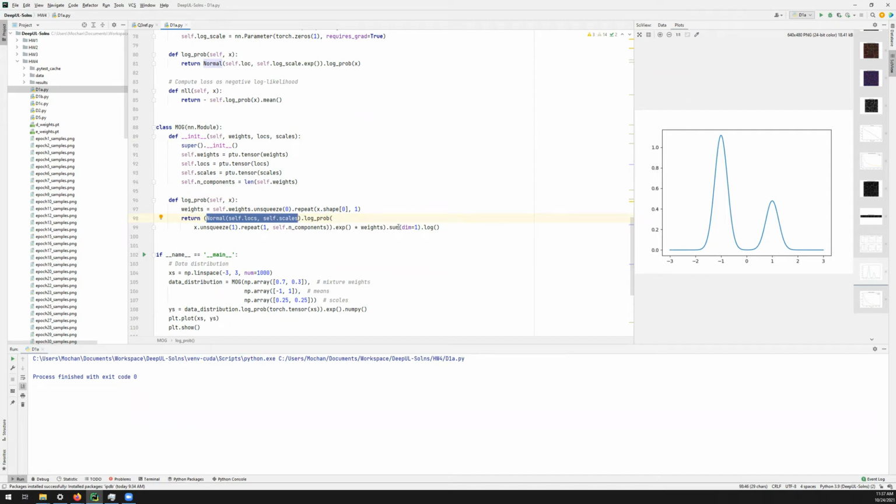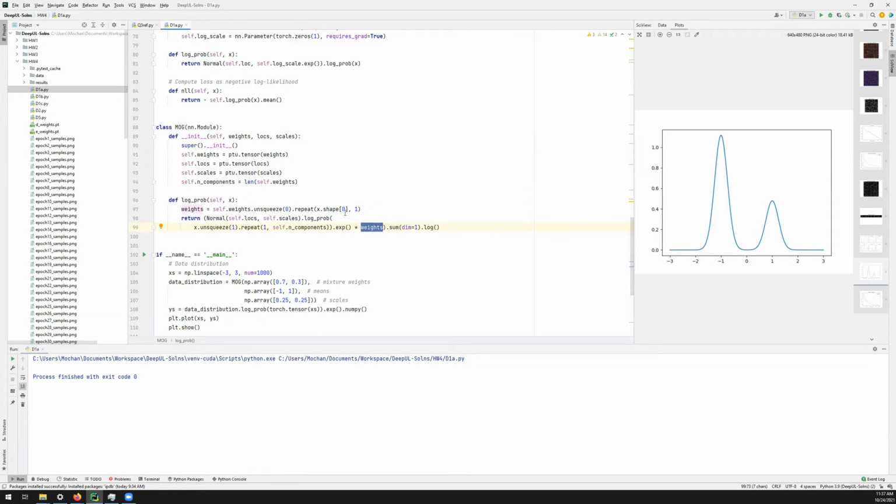There's an exponential, but basically we take a mixture of normals with these locations and scales, multiply by the weights, and then we get these. So there are two Gaussians here.